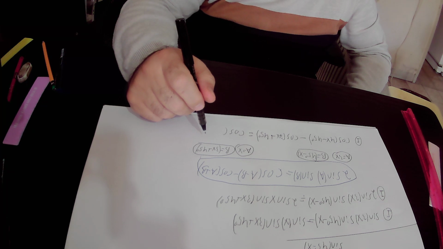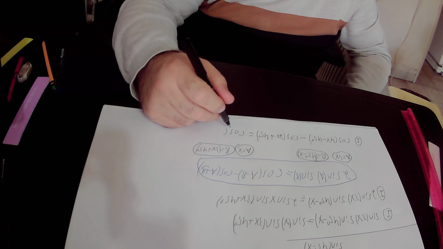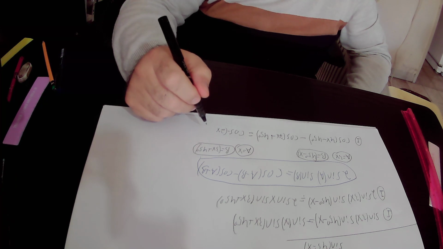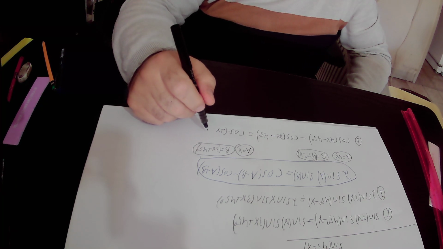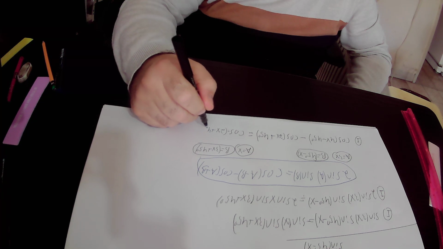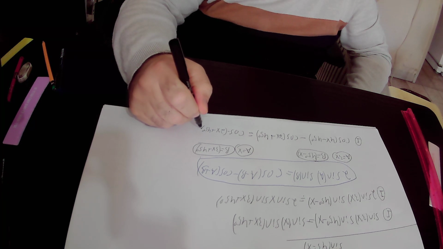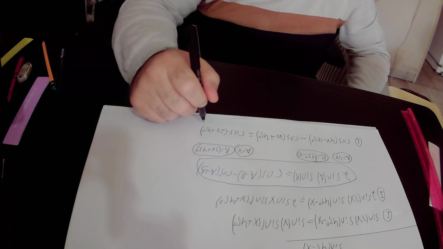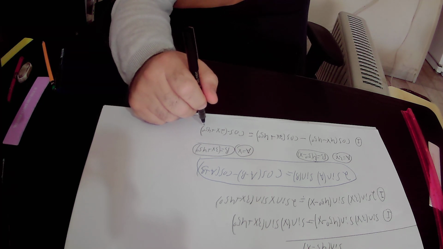So x minus 3x is minus 2x, and it is actually minus 45 degrees.